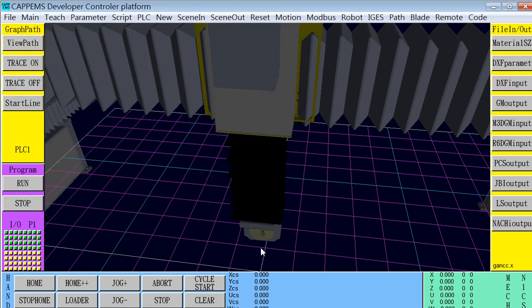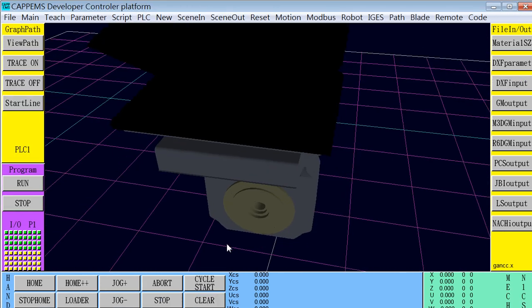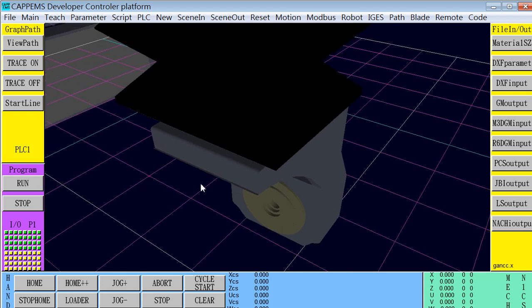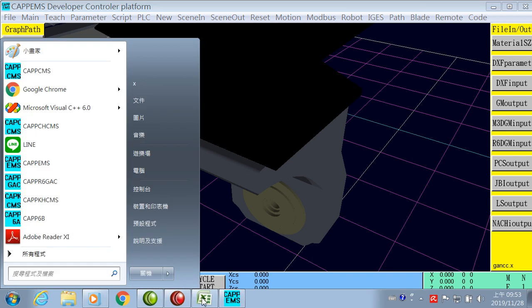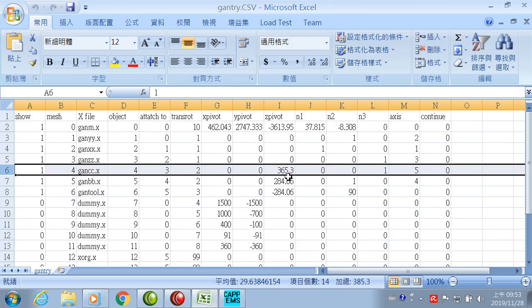ganzz.x. The rotating axis by right hand rule is 0, 0, 1. Rotating position is here. It's 0, 0, 365.2.3.